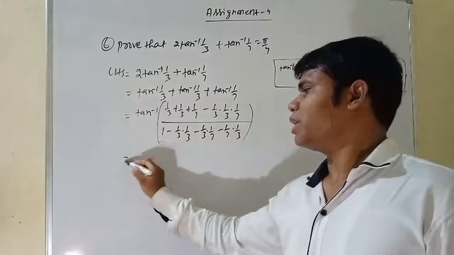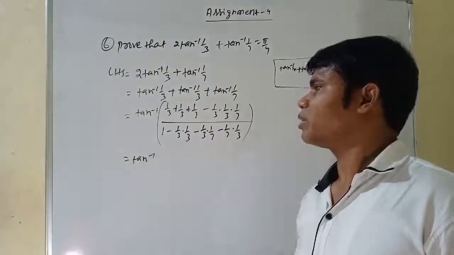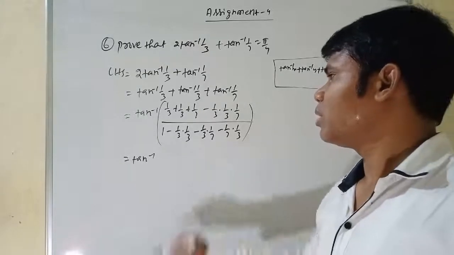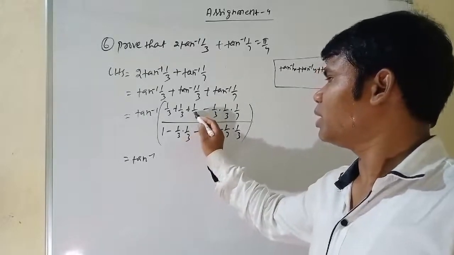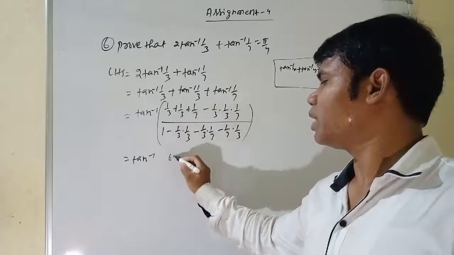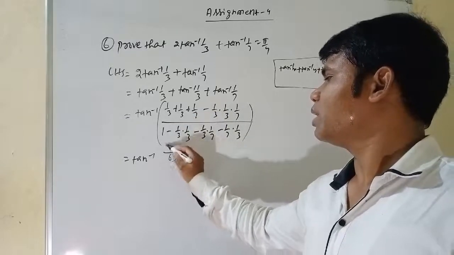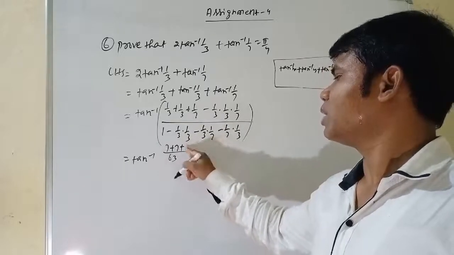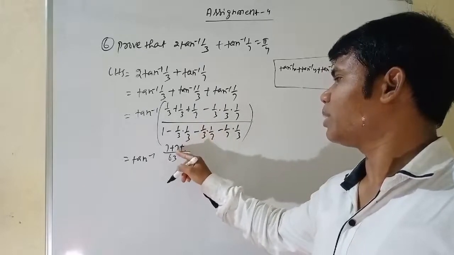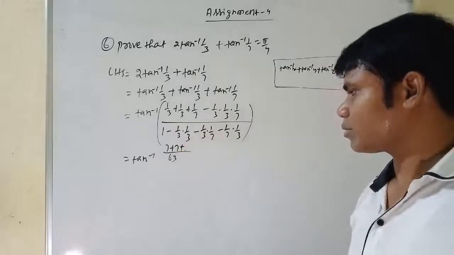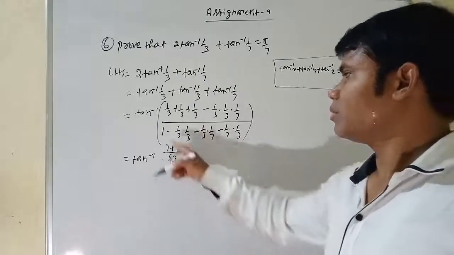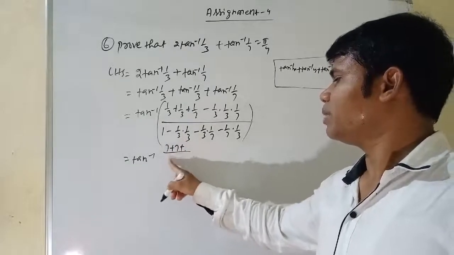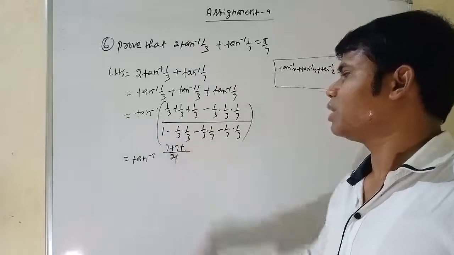Okay, is equal to tan inverse. Taking the LCM of 3, 3, 7, the LCM is equal to 21, not 63.